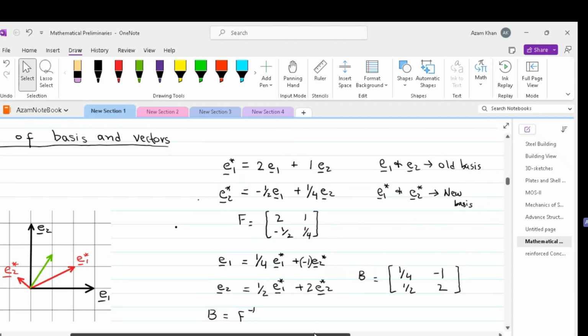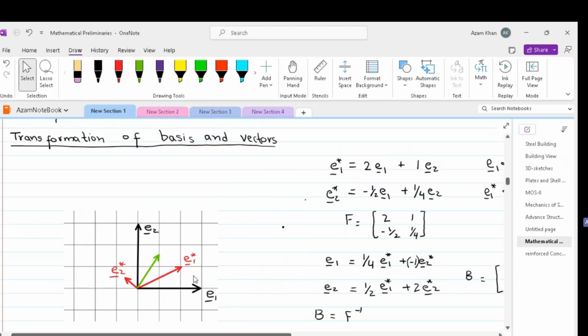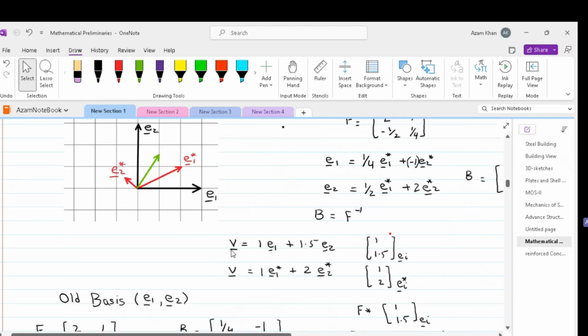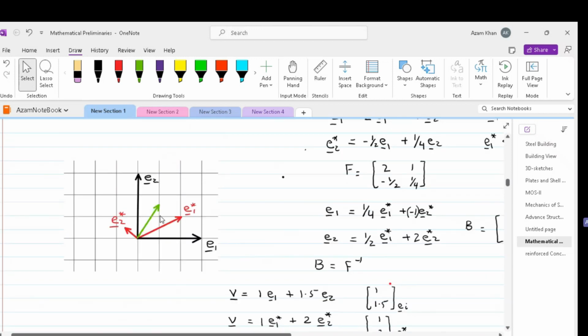Once we have defined our bases, now we are in a better position to find our vector within the old and the new bases. Let us write the components of our green vector in the old bases, which is the black bases. So V is equal to 1 times E1 plus 1.5 times E2.